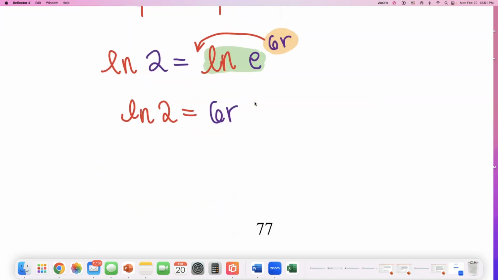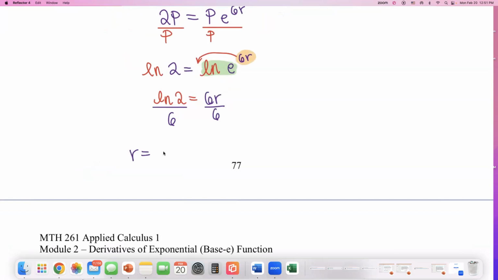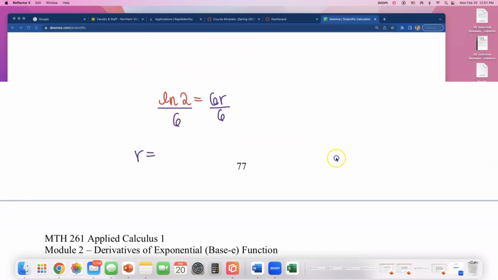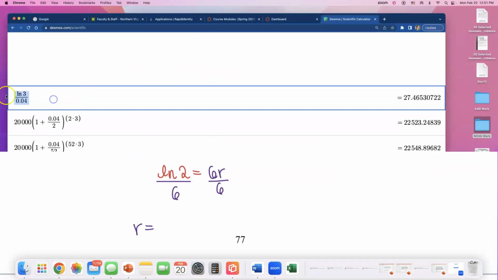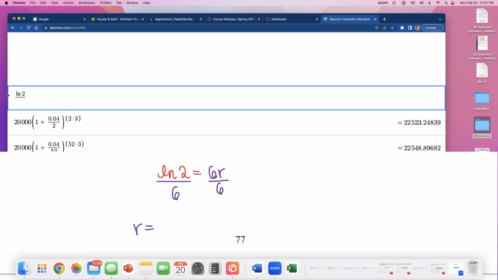Let's solve this. Divide both sides by 6. What's gotta be the rate? Well, rate is natural log of 2 divided by 6. And I think that's the doubling time or doubling rate formula that you guys may have already saw in the previous pages. But if it's doubling rate, then you want to do ln2 divided by how long it took for this to double, which was 6 years.